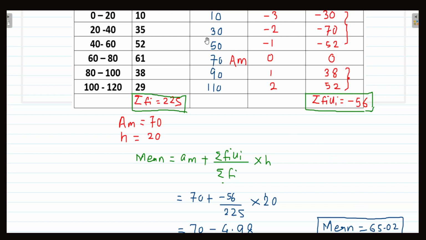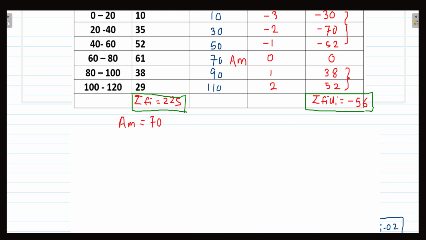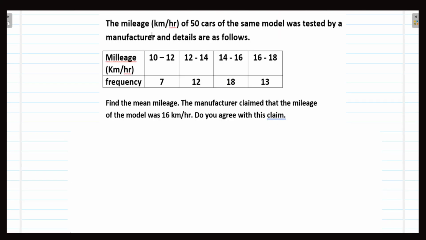If you had assumed 50 as the assumed mean, then your answer would have been 65 point something. It would be quite far from 50, but it is quite close to 75, and therefore our answer should be closer to our assumption, and so 70, whose frequency is more, should be taken as the assumed mean. So let us see another question to understand this in a better way. Here is the question on the screen.